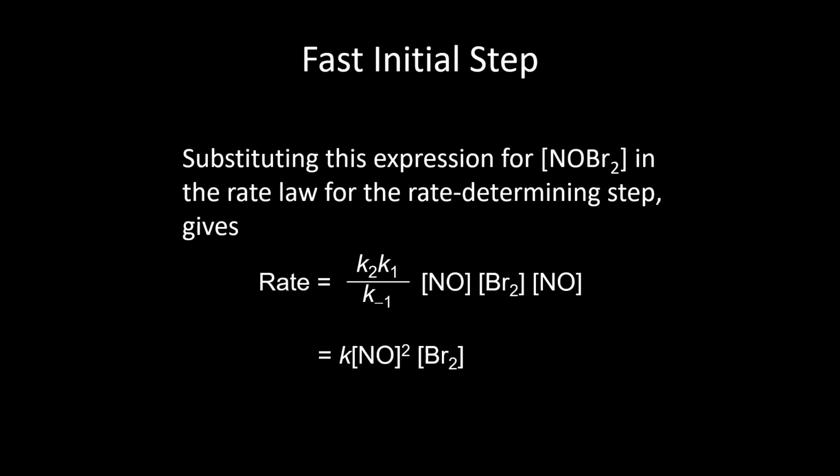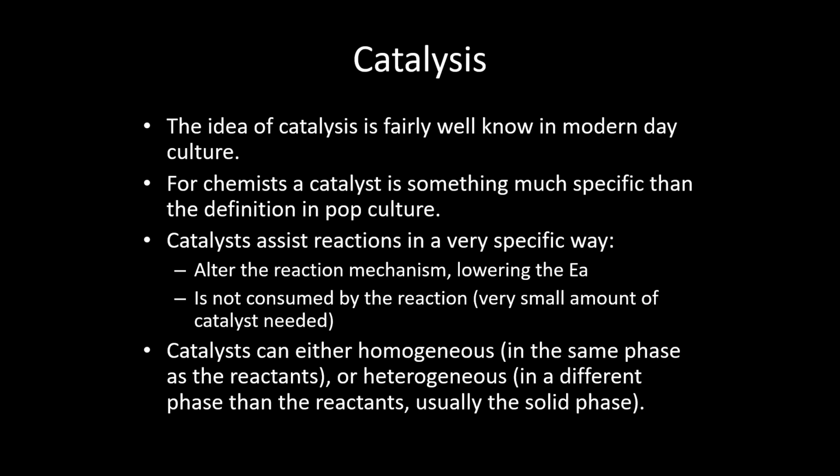And then the last thing here, just a little minor topic, is catalysis. I do expect you to know that catalysts work by providing an alternate pathway by which reactions can occur. They don't show up in the balanced chemical equation because they start off in the reaction and then get spat back out.